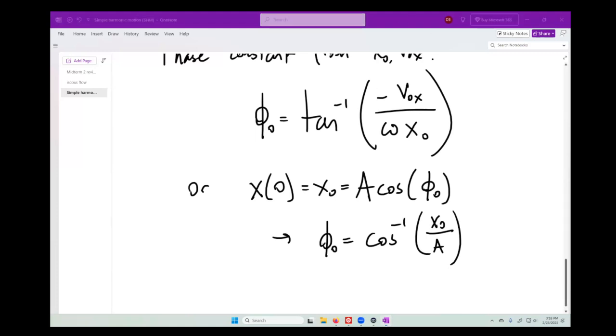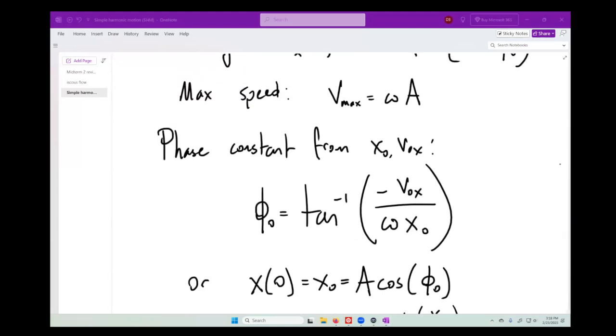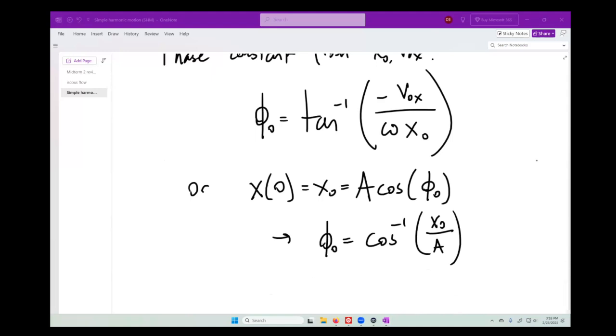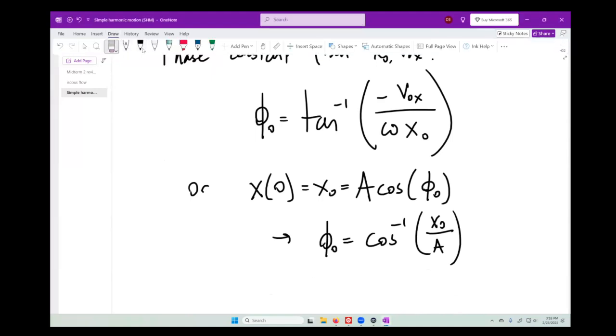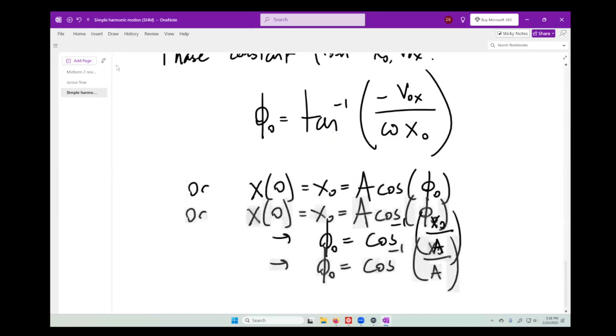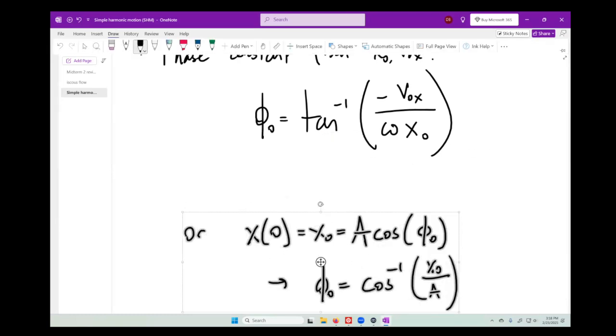For the tangent equation, is v naught a scalar even if the object is moving left? No, v naught x is the x component of the velocity. So it is a scalar, but it has a sign.